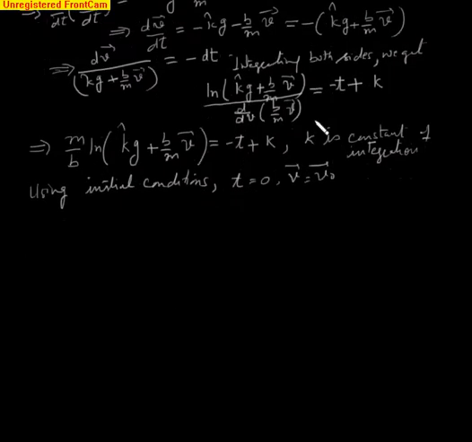So using this, we can write in this equation that m over b log of (kg plus b over m V naught) is equal to 0 plus k.